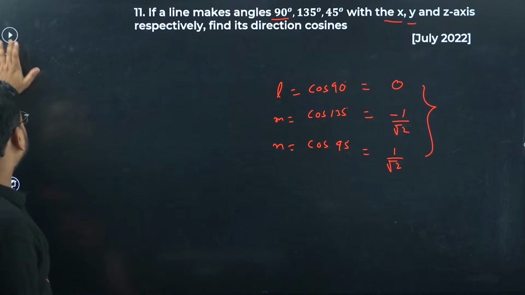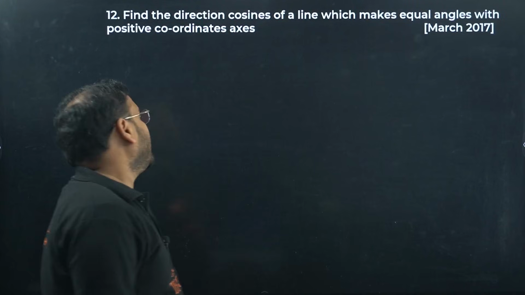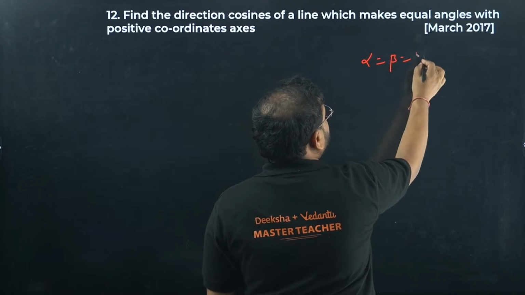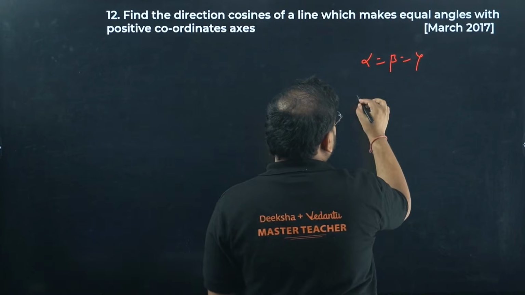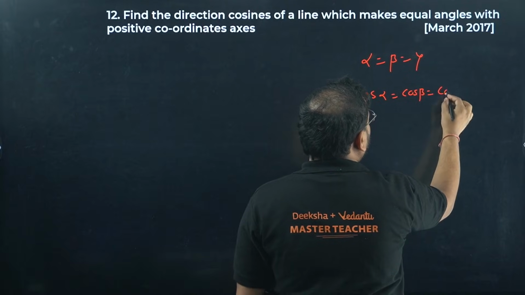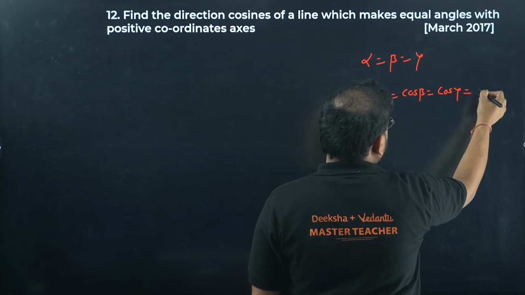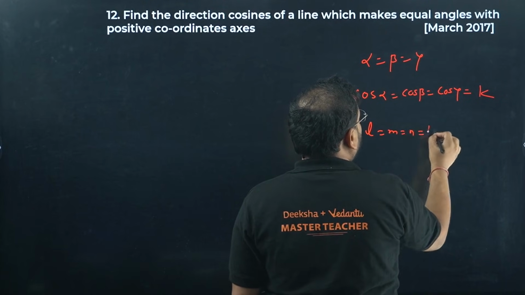Next, find the direction cosines of a line which makes equal angles. Okay, equal angles they're saying, means that alpha equals beta equals gamma, right? So basically think about it, your cos of alpha will be equal to cos of beta will be equal to cos of gamma equals a constant, I can say in this case k. It means L equals M equals N equals a constant k.